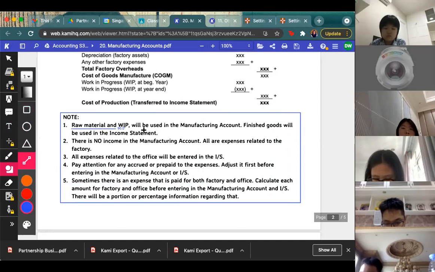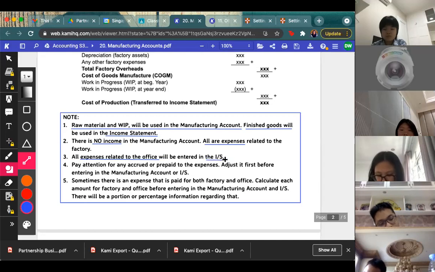Once again, raw material and work in progress are in the manufacturing account, while finished goods is in the income statement. Number 2, there is no income in the manufacturing account. All are expenses related to the factory. Number 3, all expenses related to the office will be entered in the income statement.